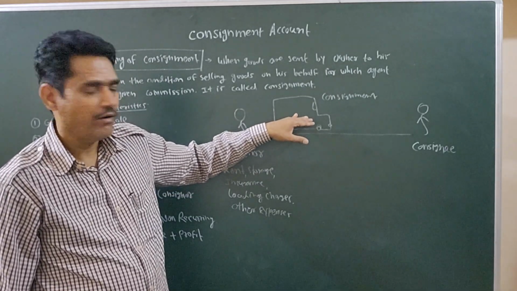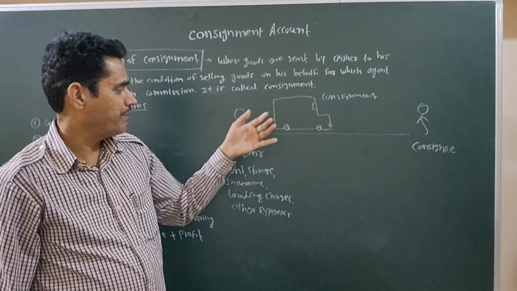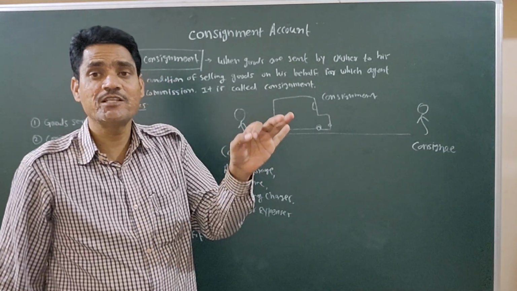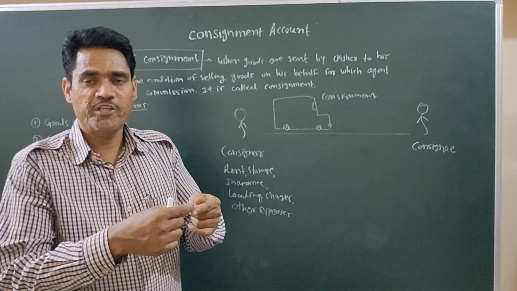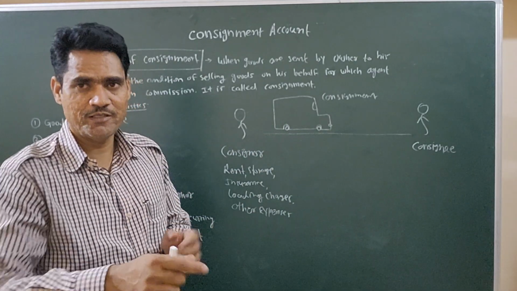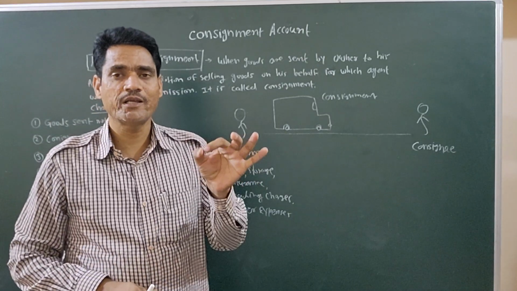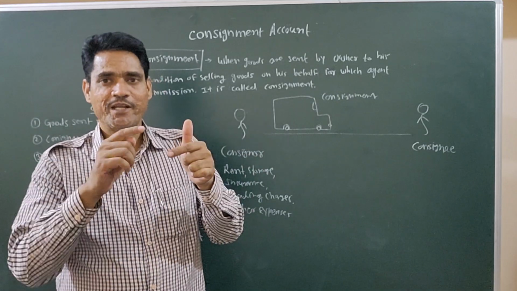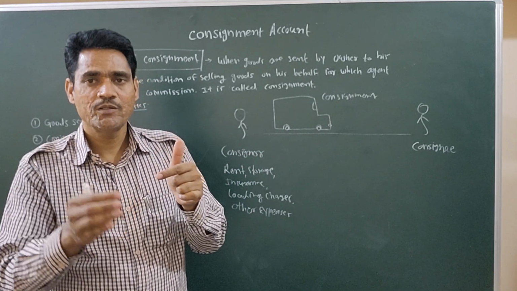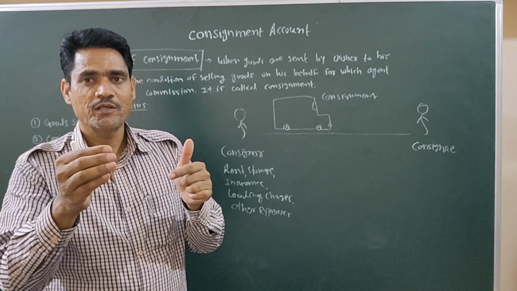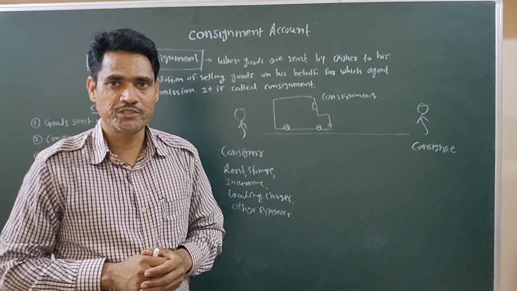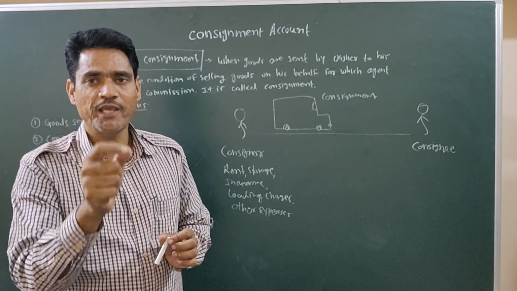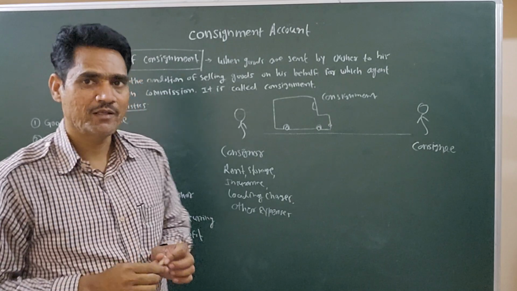On the way, we have to pay some expenses. Those are transit expenses. That is non-recurring expenses. Non-recurring expenses occur one time in the life of goods, not again and again. Only one time we have to pay some expenses.